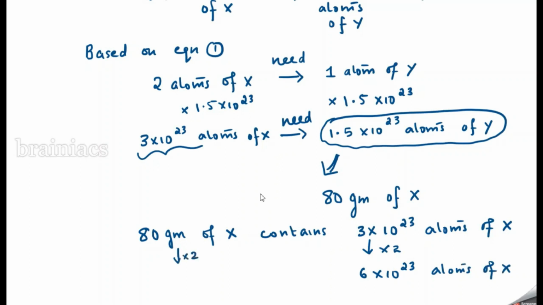So this will become 160 gram of X contains Avogadro number of atoms. So if anything contains Avogadro number of atoms, that mass is equal to the atomic mass, since we are talking with respect to atoms. So here the atomic mass of X is 160 gram. So I hope you understood the class.